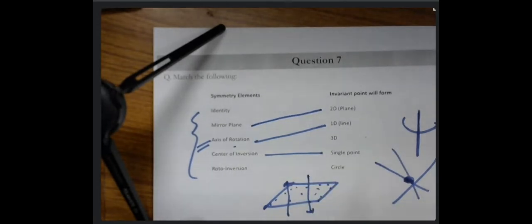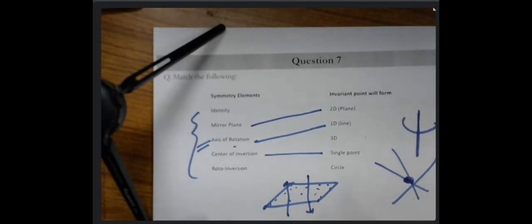For the mirror plane, everything above goes to the bottom, and everything at the bottom goes to the upper side. But the points lying on the mirror do not change. They are invariant. So the plane consisting of all these invariant points is the invariant itself. So in the case of a mirror, we have a 2D plane which is invariant.